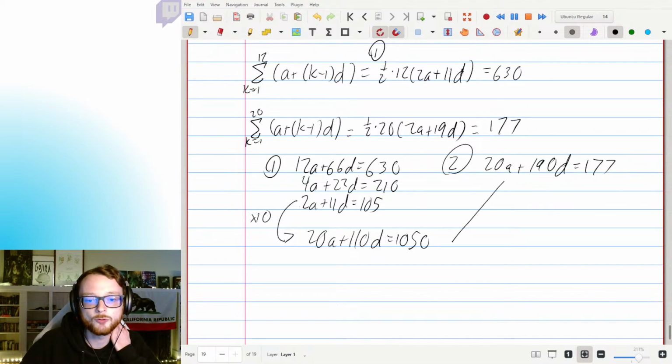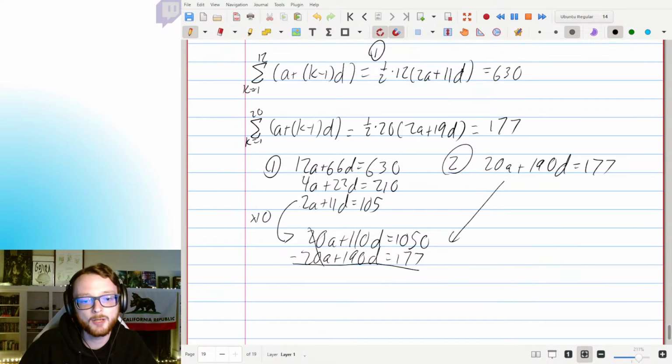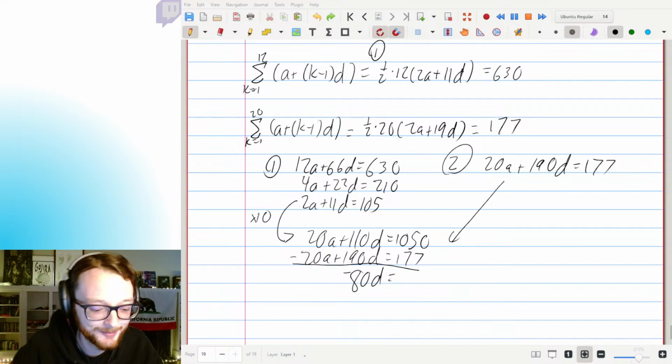And equation 2 just comes down as it is. Now we subtract them off. These two eliminate. 110d minus 190d is minus 80d. 1050 minus 177 is a job for a calculator.